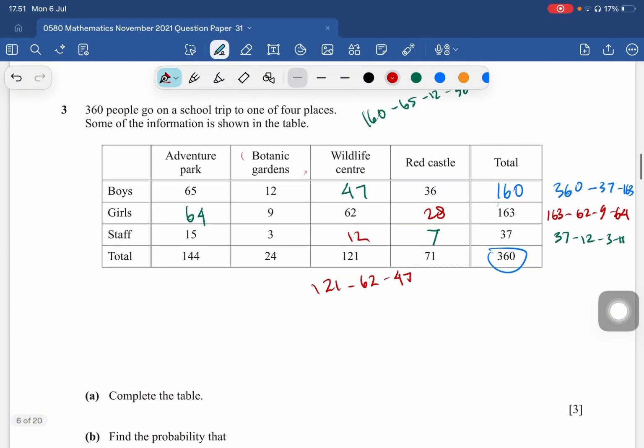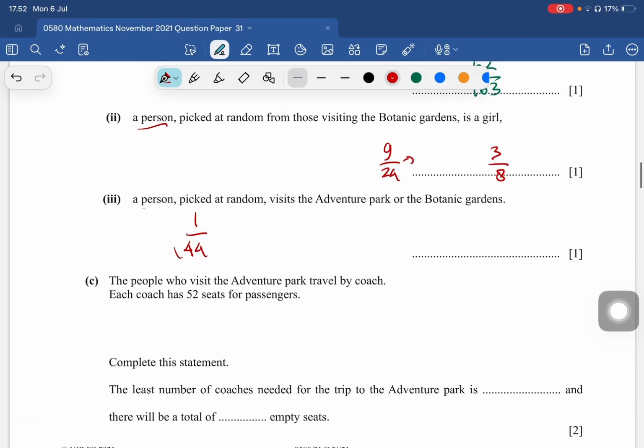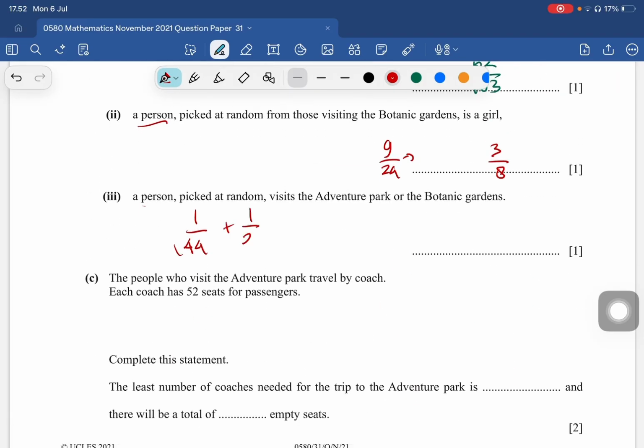Or the botanic gardens. Botanic garden is 1 over 24. We can add. So let's find the lowest common multiple of 144 and 24.